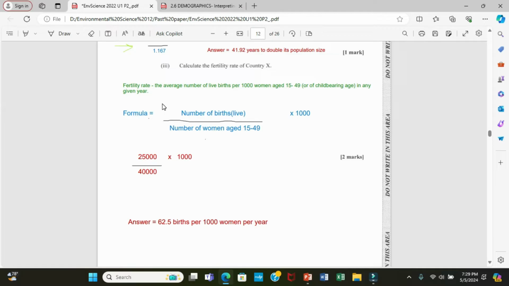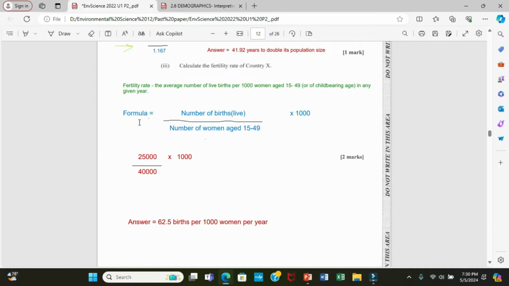So it's how many children are born alive, of a country, based on the rules the country sets up for what the childbearing age is. But in general, this is the age range that is used.